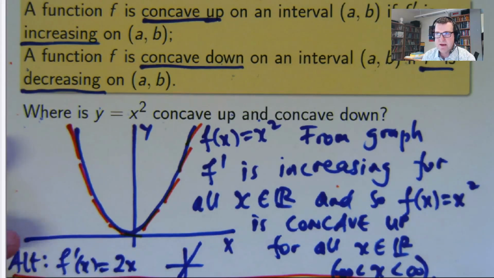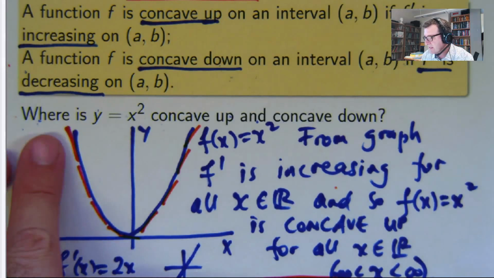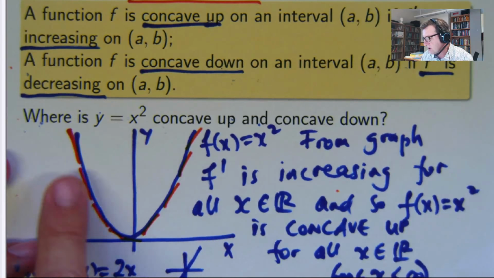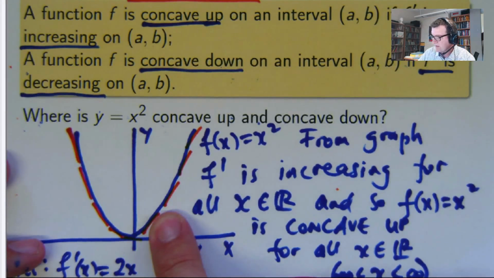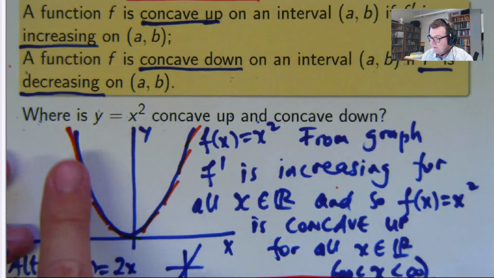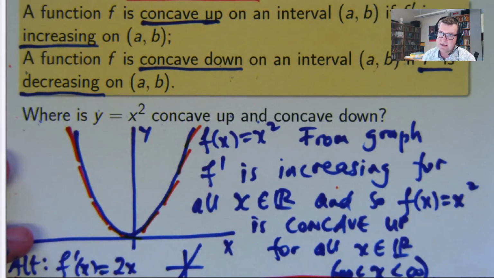You remember that the slope of the tangent line is the derivative at a point on the curve. So you can see here the slope of these tangent lines is increasing. It's highly negative there, then less negative, less negative, less negative, 0, then positive, more positive. As we move from left to right, the gradients of the tangent lines are increasing.